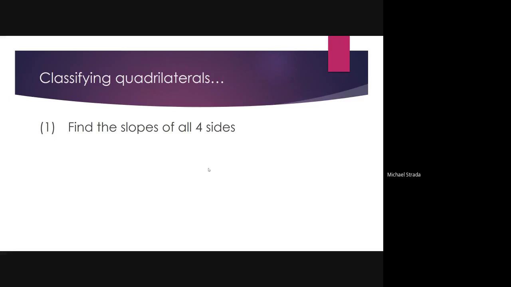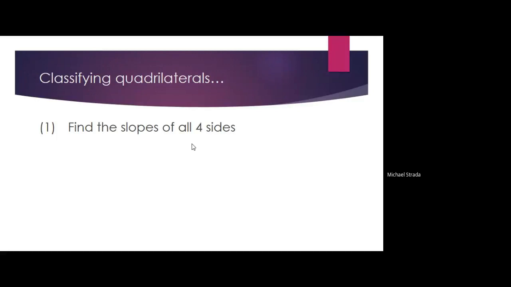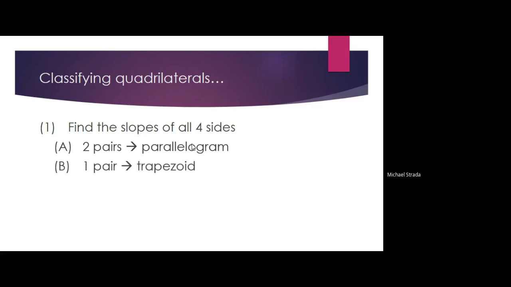So, when we classify quadrilaterals, you're going to find the slopes of all 4 sides. All right. 2 pairs parallelogram, 1 pair trapezoid, 0 pairs might have a kite.